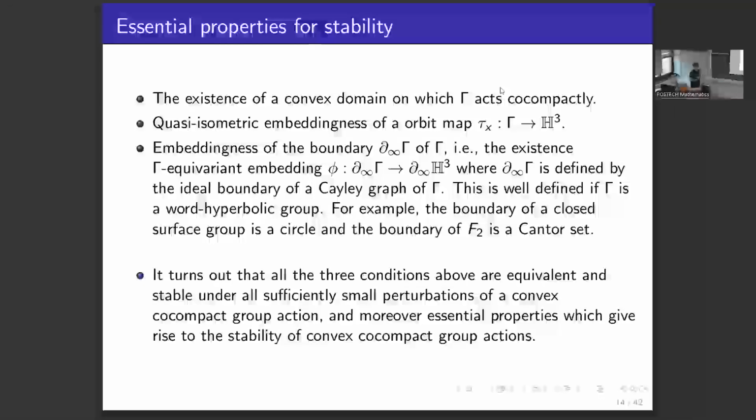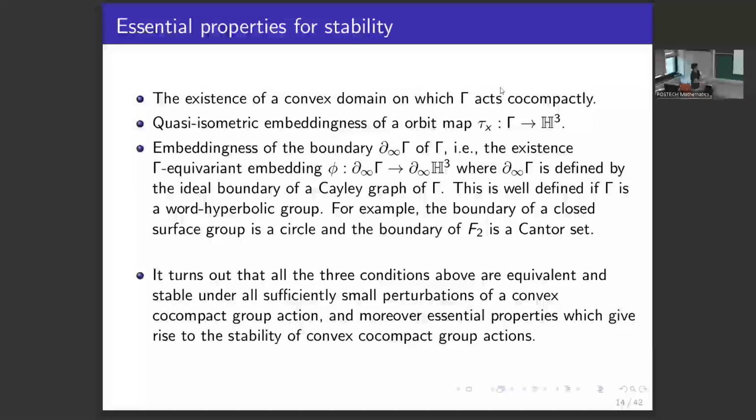Depending on the generators the Cayley graph is different, but the boundary is not different. Up to choosing the generators, the boundaries of the Cayley graphs are homeomorphic to each other. So that means the boundary is well defined. This is a property only for delta hyperbolic spaces. If you move to CAT(0) spaces, then this is not true. Anyway, given a word hyperbolic group, the boundary is well defined.